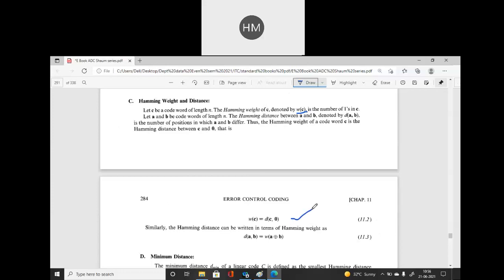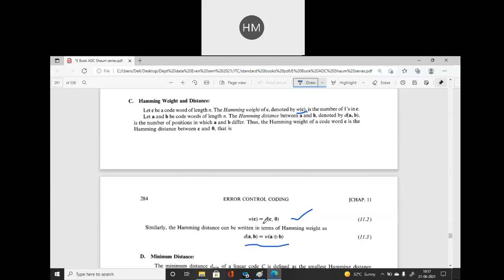This seems a little complicated here, but when we simplify the numerical, all the concepts will be clear. So W(C) is D(C, 0). Similarly, Hamming distance can be written in terms of Hamming weight, which is given by D(A,B) equal to the weight of A XOR B.